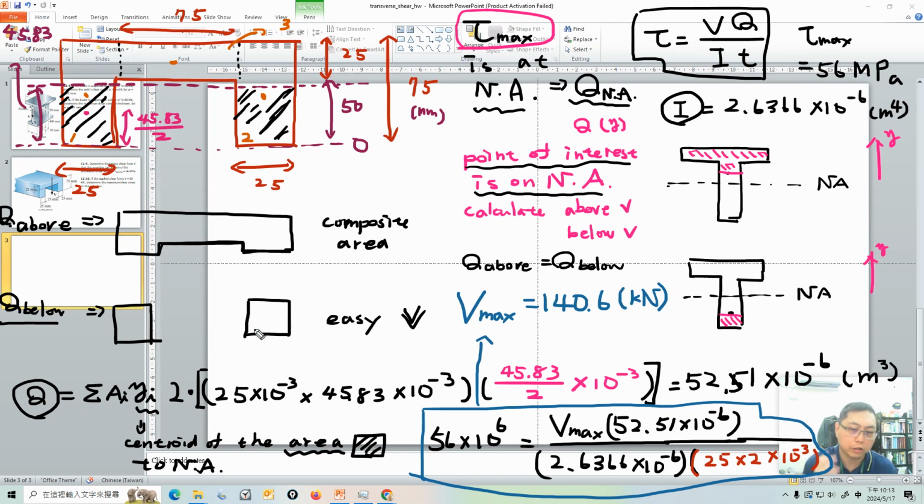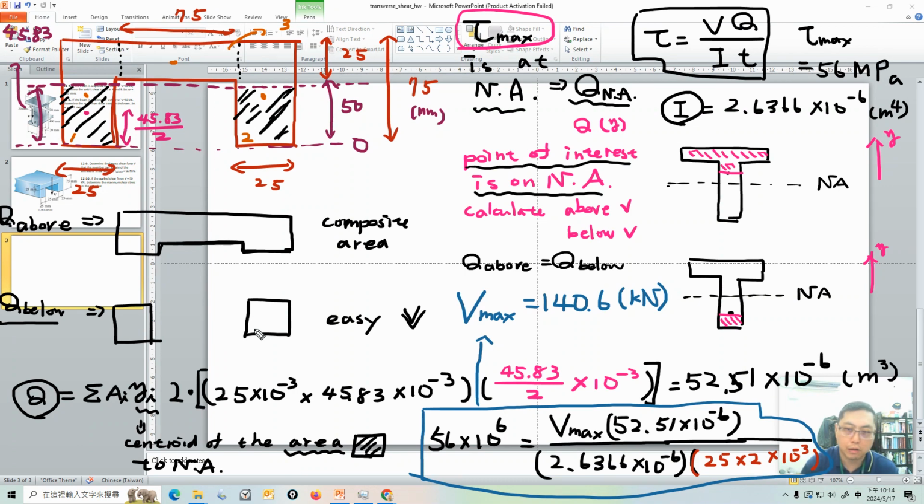And the Q calculation is the summation of A_i y_i. So just determine the area of each part, and determine the distance between the centroid of the area of interest and the neutral axis.